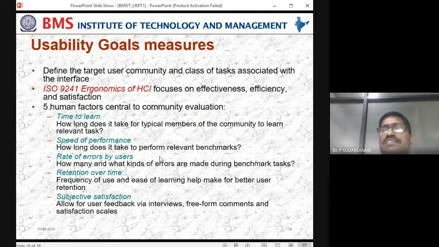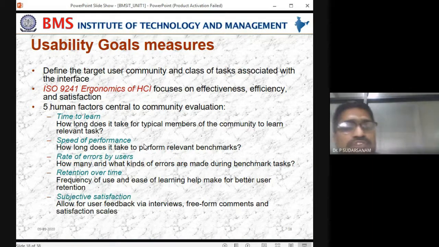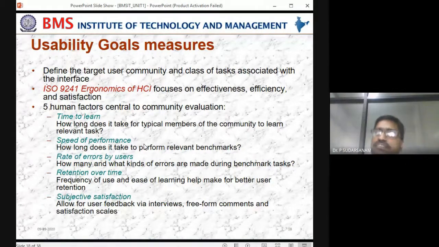Usability goals measures are about having the goals: what you are doing, what type of business you are doing. When you are doing business, you have to maintain your staff and the other end also properly. That's the principles of user interface design.